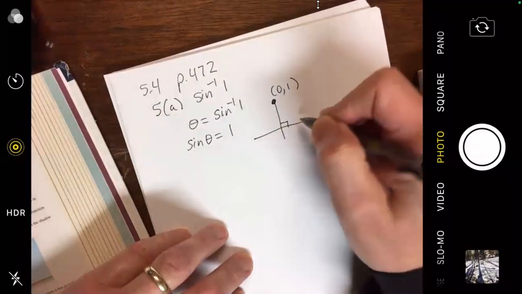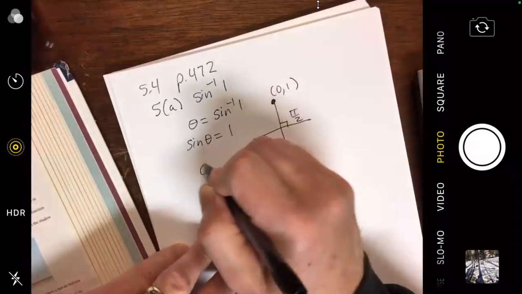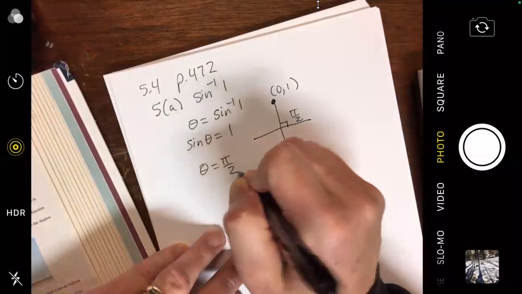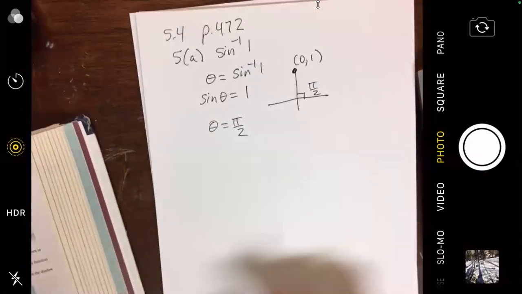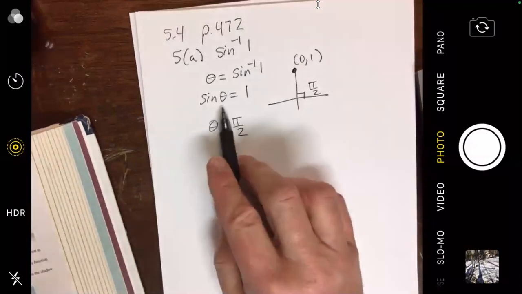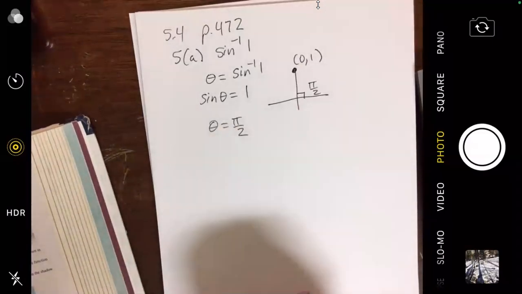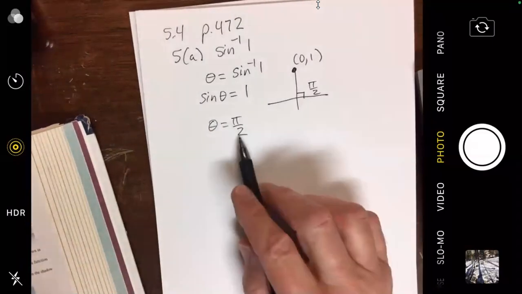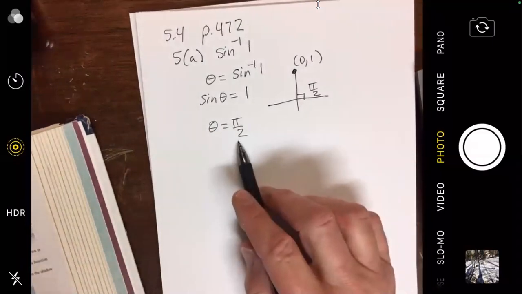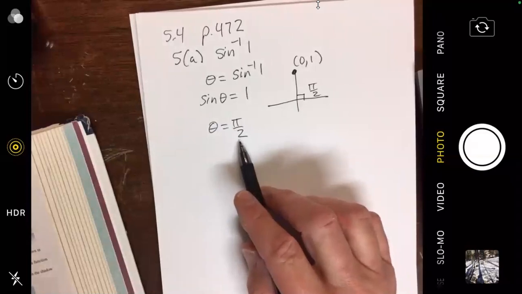That angle would have to be pi over 2. And you could punch it in radian mode. Sine of pi over 2 would equal 1. It would not work in degree mode. Sine of pi over 2 degrees would be like 1.57 degrees, not some crazy decimal.